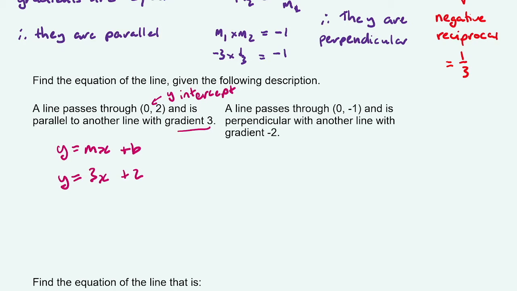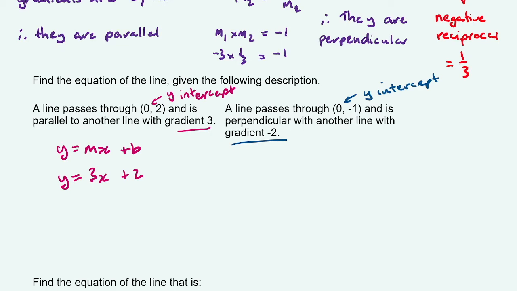3x plus 2. Next one here, we've got a line passing through 0, -1 and is perpendicular with another line that has a gradient of -2. So still, the y-intercept is right there. So we know that the plus b part is actually going to be -1.